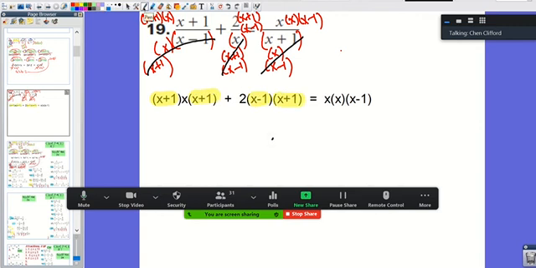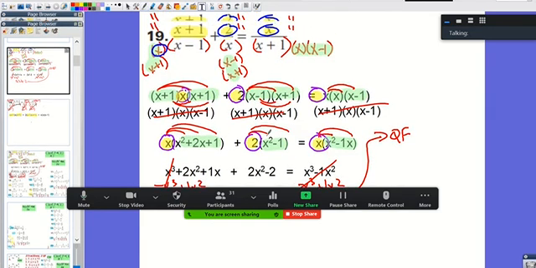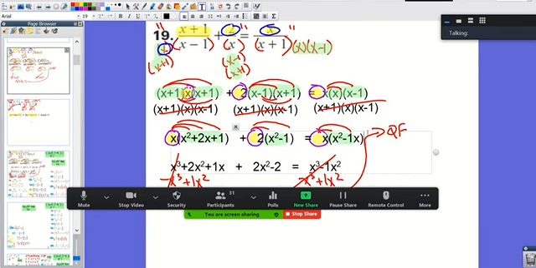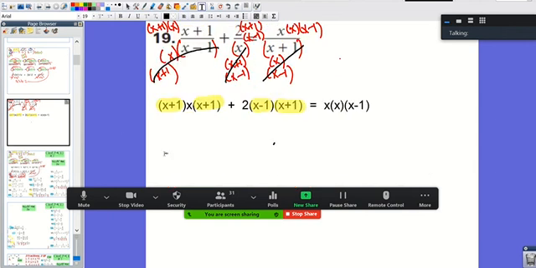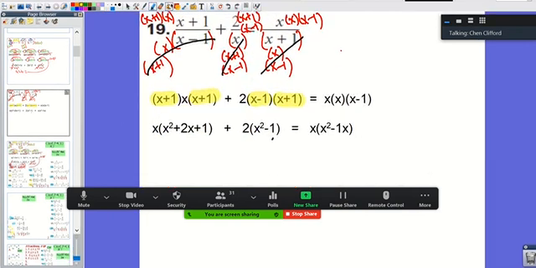So I'm going to double distribute that, and I'm going to get this right here. The yellows right here, the top yellows became the bottom yellows.